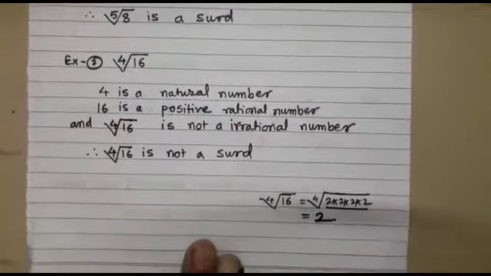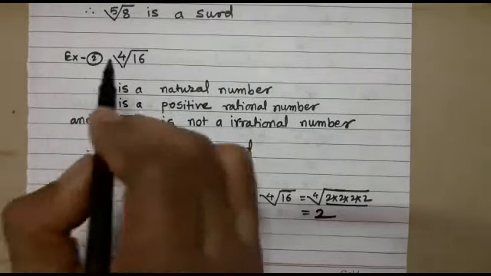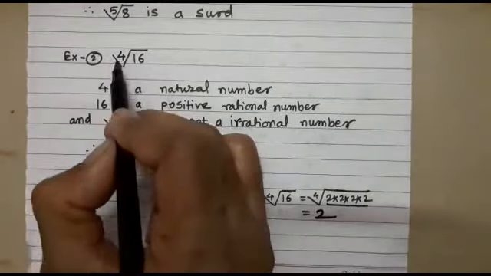Now we see the second example, fourth root of 16. Again, I am checking the three conditions. This 4 is a natural number. This 16 is the radicand here, and 16 is a positive rational number. That means two conditions are passed here.